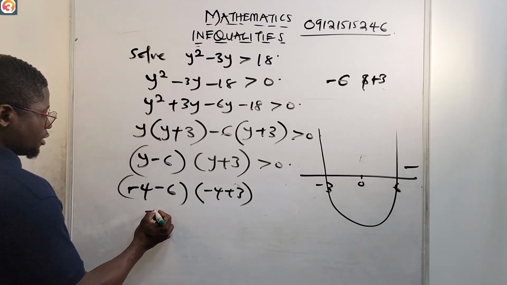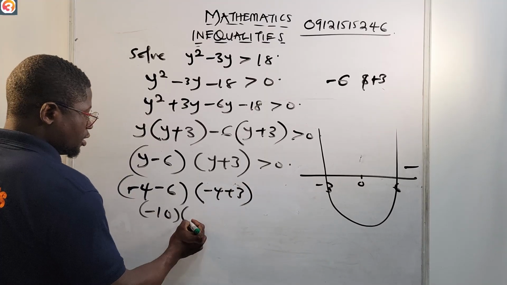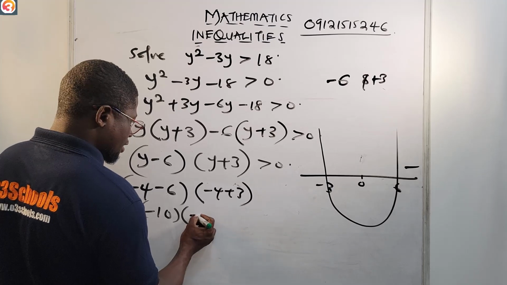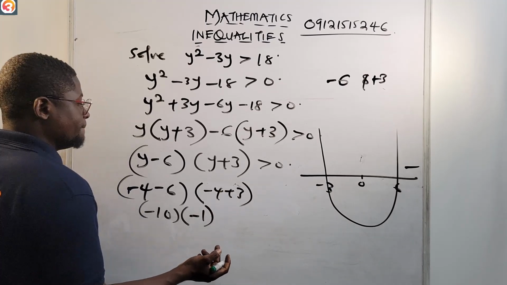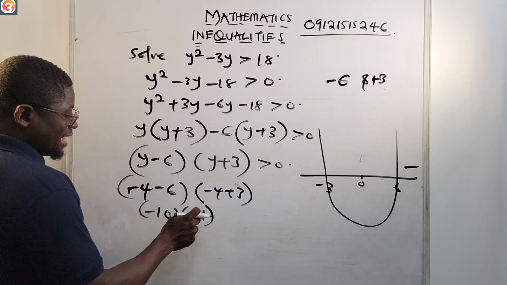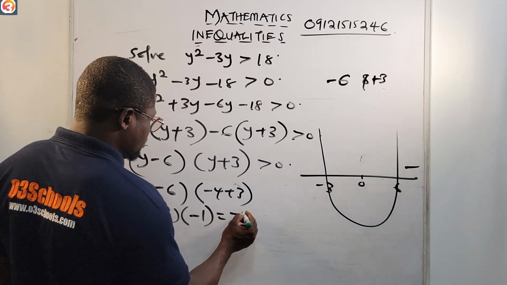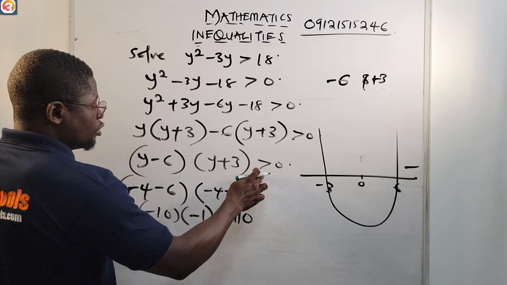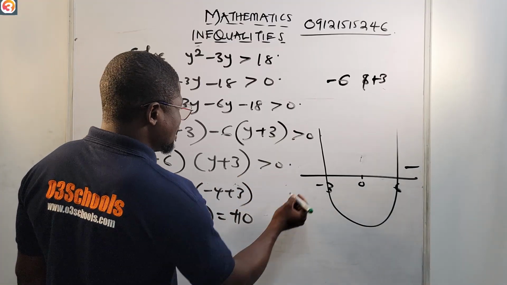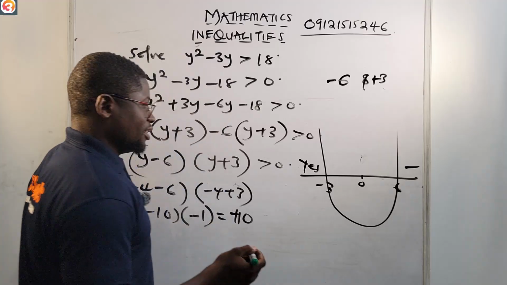Minus 4 minus 6 is minus 10. Minus 4 plus 3 is minus 1. So minus 10 times minus 1 is plus 10, because minus times minus will give you plus. So it's greater than 0. That means this point satisfies the inequality.